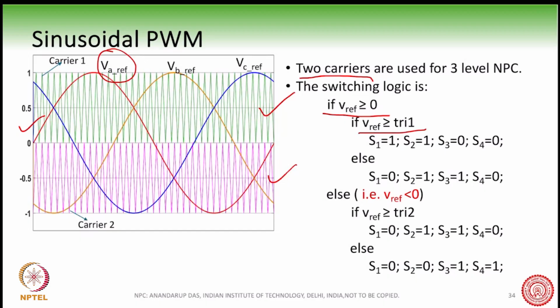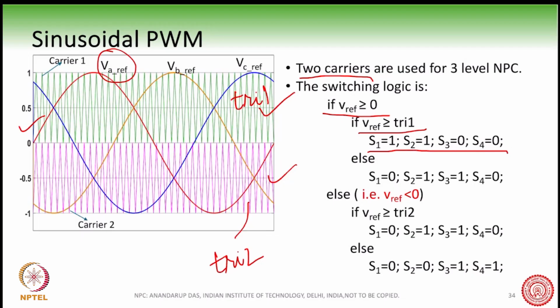So if VREF is greater than triangle 1, so what is triangle 1? This is triangle 1, and this is triangle 2. So if VREF is greater than triangle 1, then you turn on these switches. So we give the gate pulses S1, S2, S3, S4 like this.